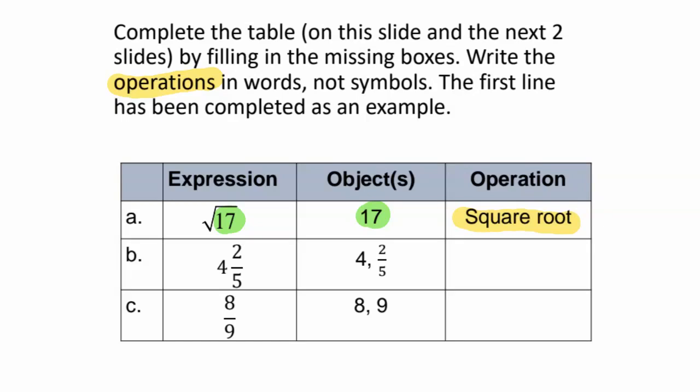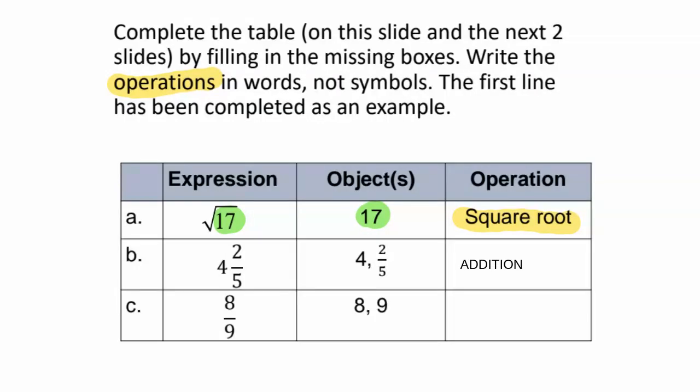Now, in the second row, we have a mixed number. Well, the operation or the operator is what puts the mixed number together. And if you remember, a mixed number is made up of a whole number plus a proper fraction.